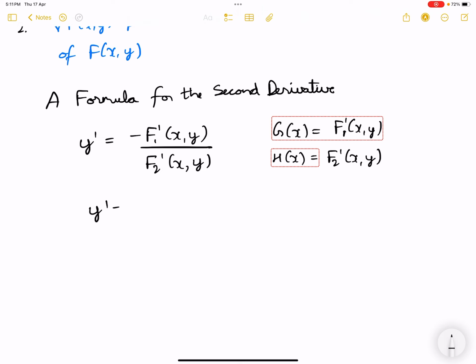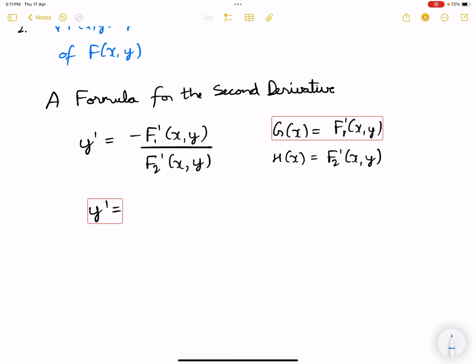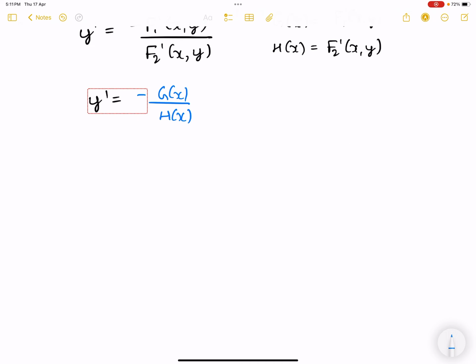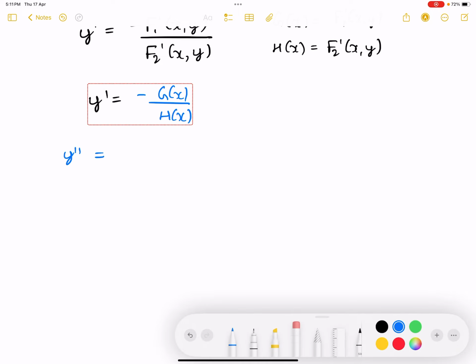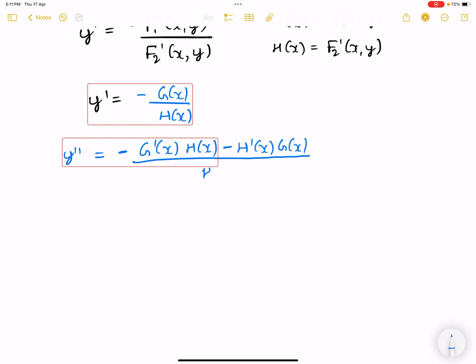So y dash can be written as minus g(x) upon h(x). If you want to double differentiate it, we'll use the quotient rule, which is minus, the minus is outside, g dash(x) into h(x) minus h dash(x) into g(x) upon h(x) whole squared.